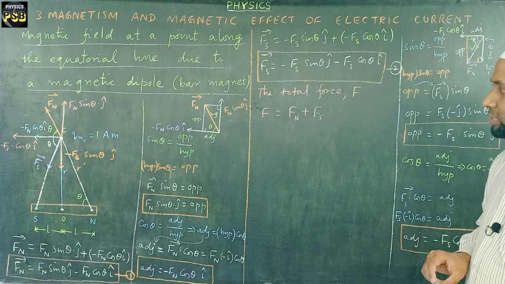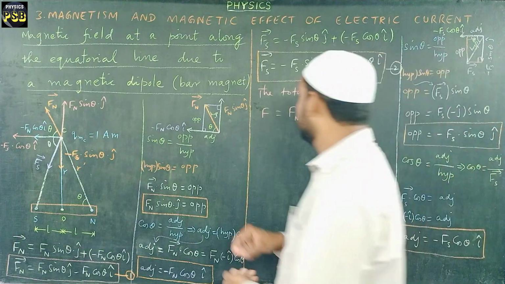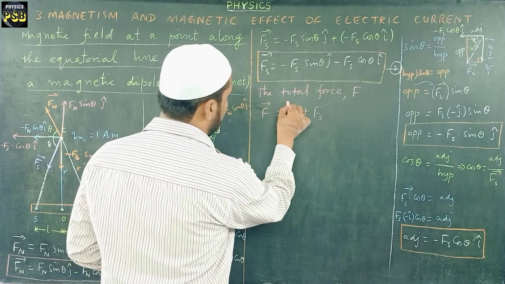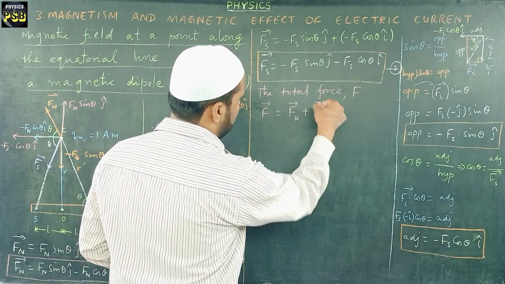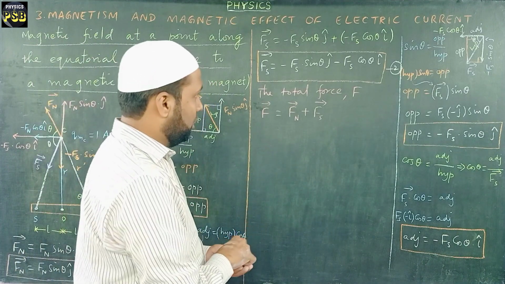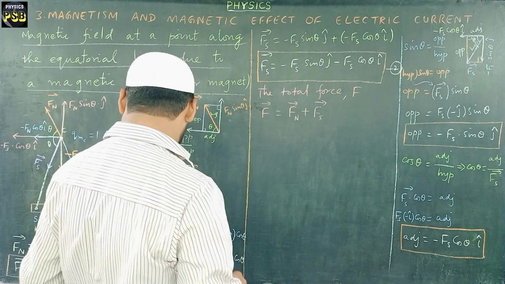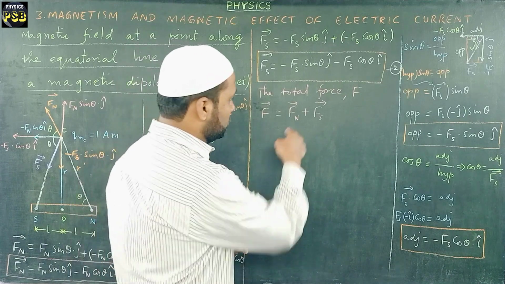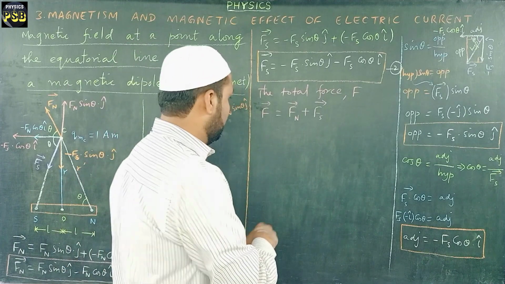Let's do it. It is F vector, Fn vector, and this as Fs vector. Now we know the value of Fn vector and Fs vector. From equation 1 and 2, I am going to substitute them here. You see what I get?